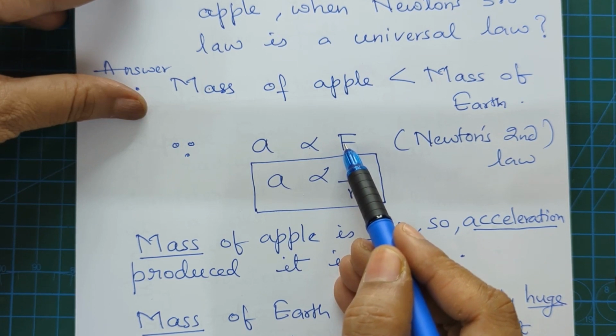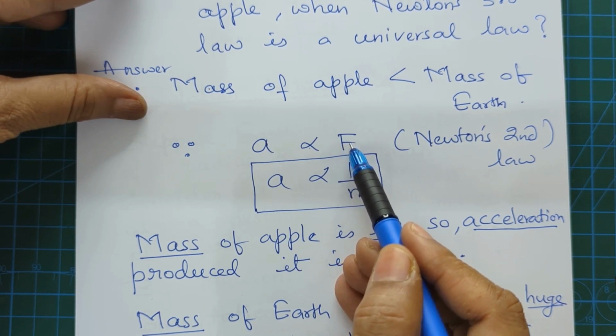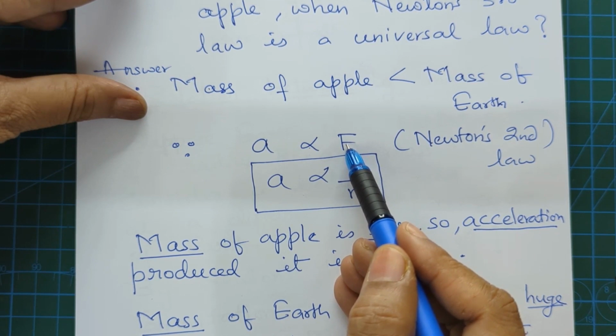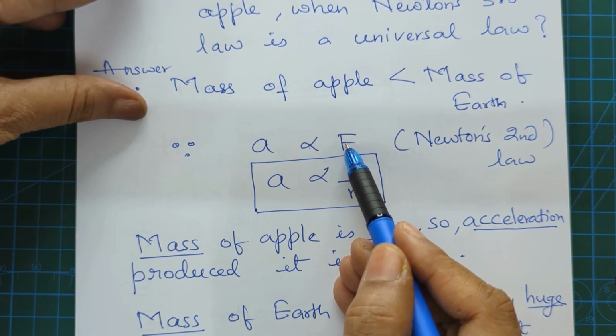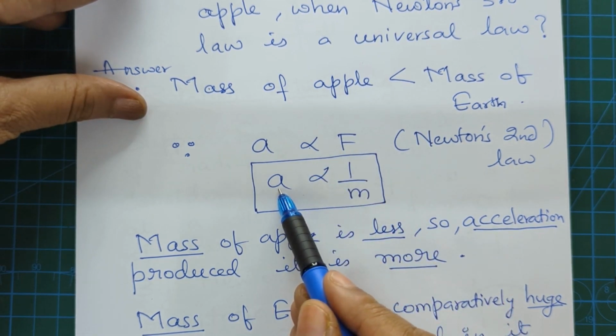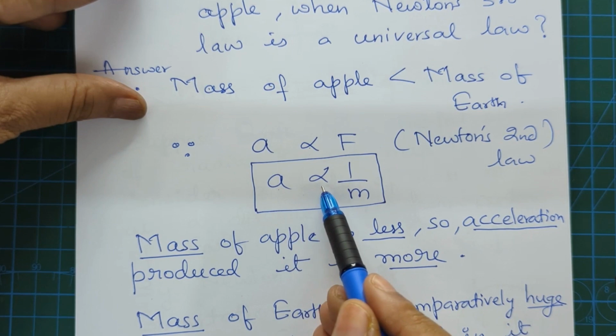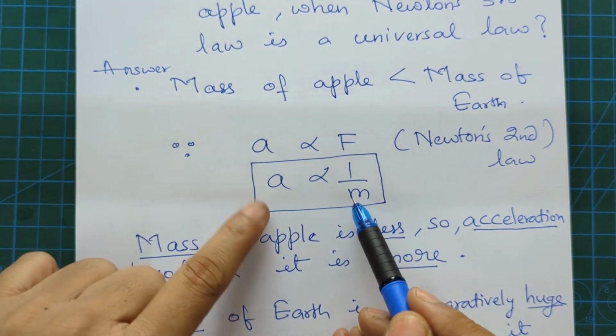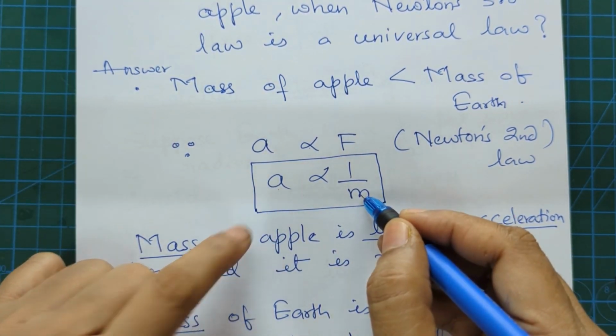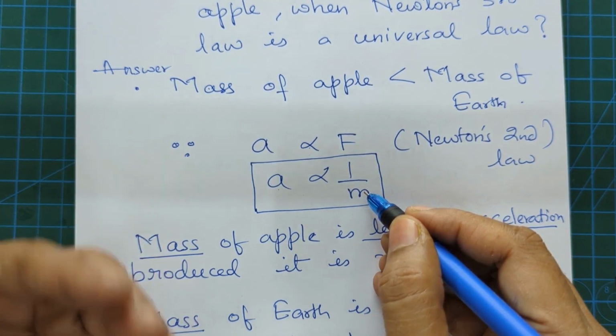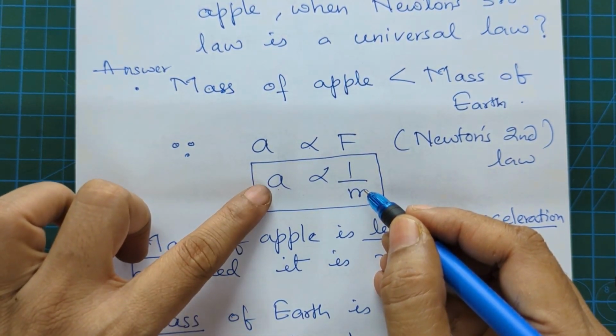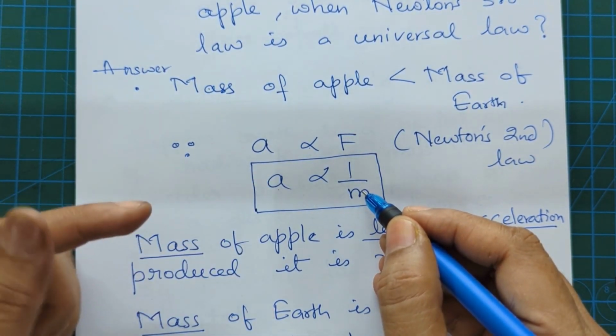Force with which apple is pulled towards center of earth is equal in magnitude and opposite in direction to the force with which earth is being pulled towards center of apple. And acceleration produced in the bodies is inversely proportional to mass. Here the point is, more mass, that object accelerates less. Less mass, more acceleration is produced.